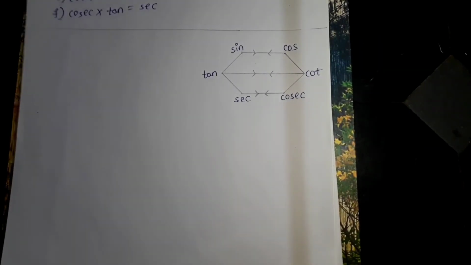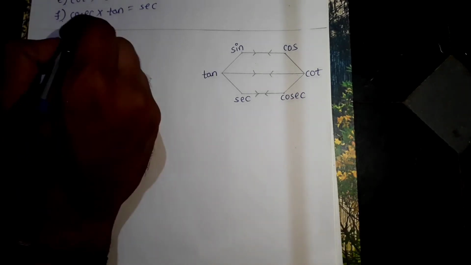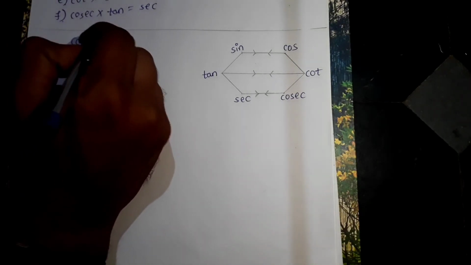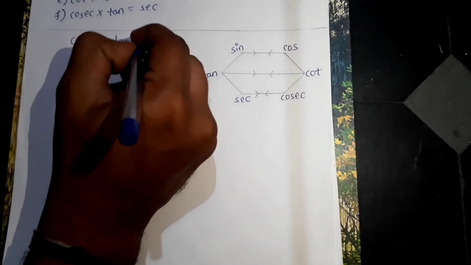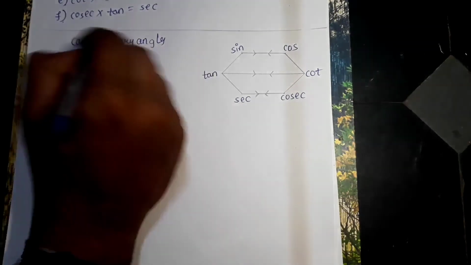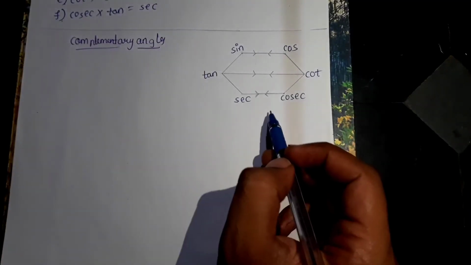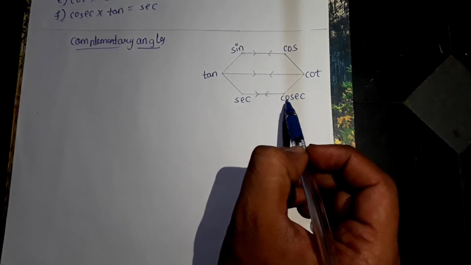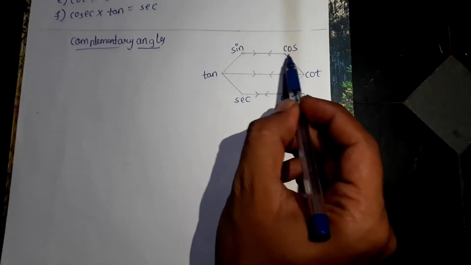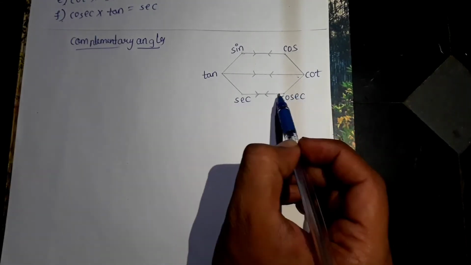Now next comes the complementary angles. For complementary angles in the hexagon, these three lines are very important. Line 1, line 2 and line 3.